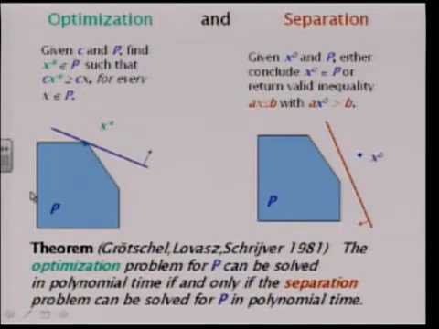Think of this as some polyhedron P, and you want to find some point x star belonging to P such that Cx star is greater than or equal to Cx for every x belonging to P. And this is nothing but a linear program.